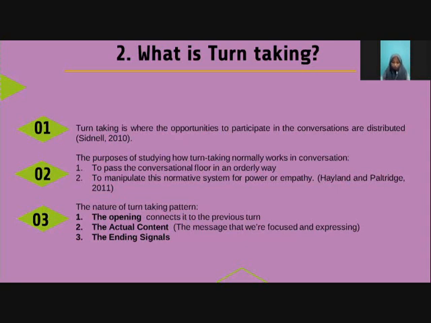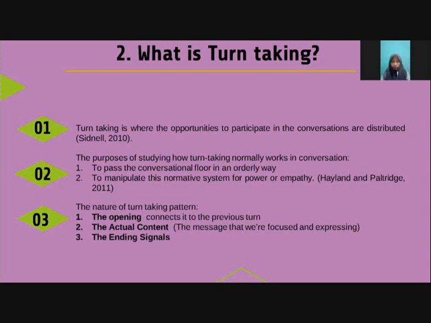Next is the nature of the turn-taking pattern. There are three structures of turn-taking pattern in natural conversation.